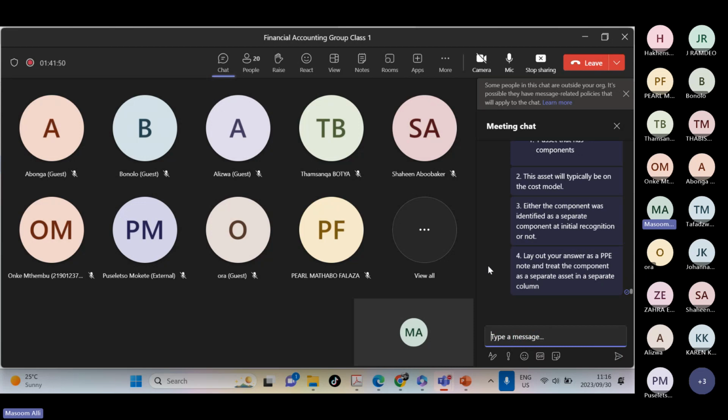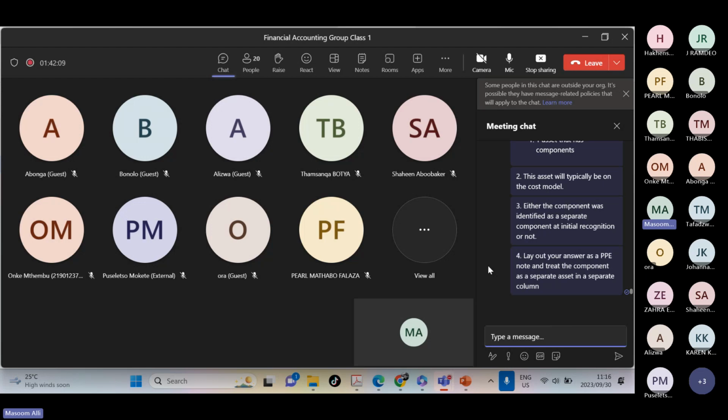A good structure would be to have this as a PPE note. Let's say I've got the helicopter, or let's use the example of an aeroplane with seats. So you'll have the total assets column.